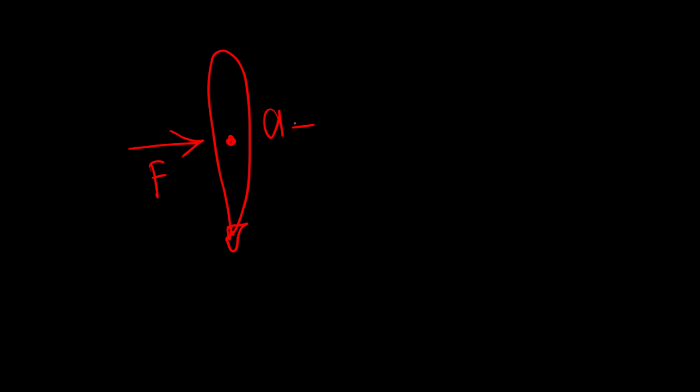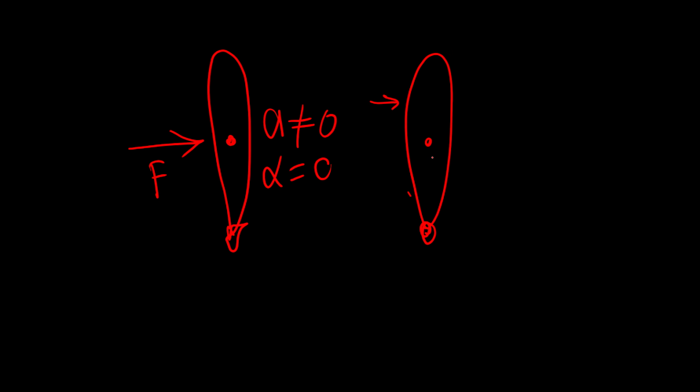Let me summarize it. For an object, if the force is acting on the center of mass, linear acceleration is not zero, but angular acceleration is zero. When the force is acting on the object not passing through the center of mass, this is the center of mass, here we have both linear acceleration and also angular acceleration.